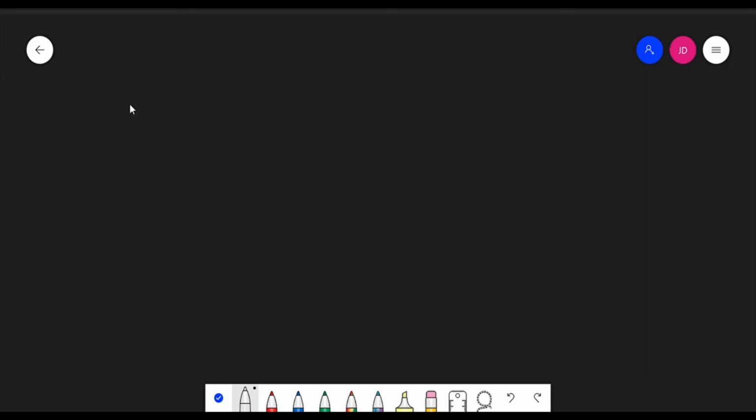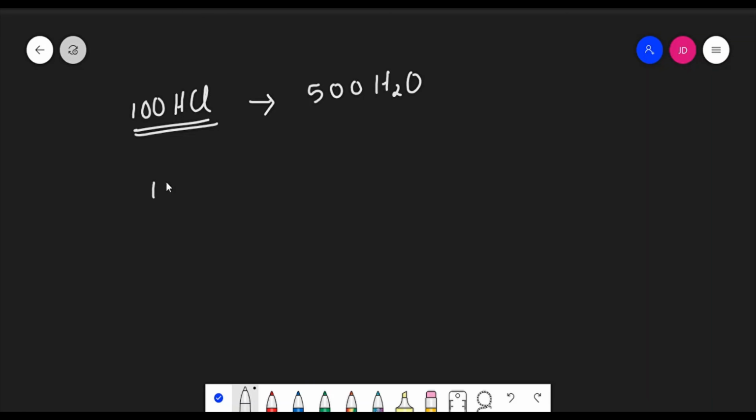So let us say we have 100 HCl present here, and let us say 500 water present here. So it's very strong right now. The ratio is very strong, so I want it to become weak. So what will I do? For the 100 HCl, I will add some water. Maybe I'll add 500 more water, so total water becomes 1000.